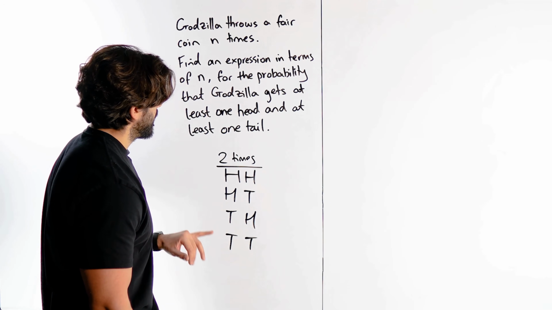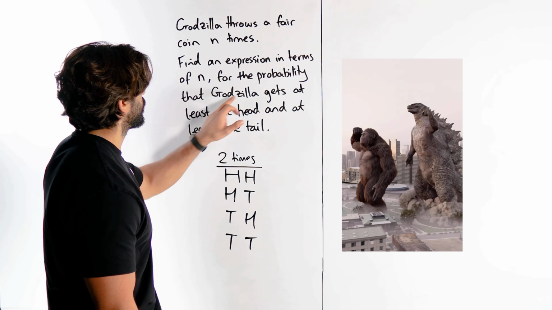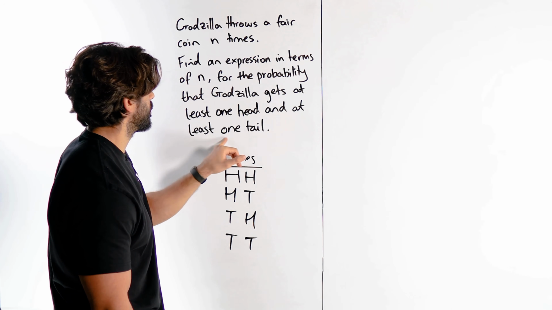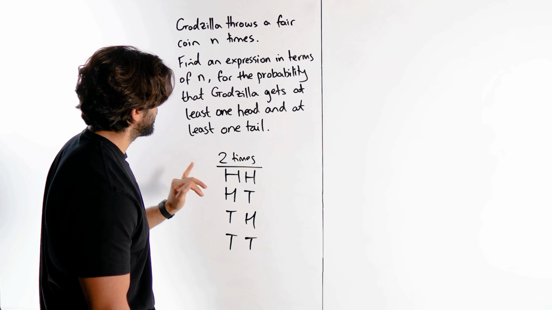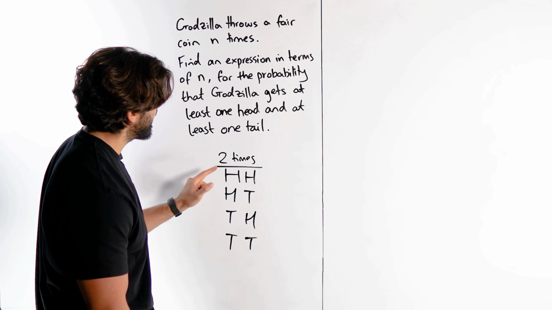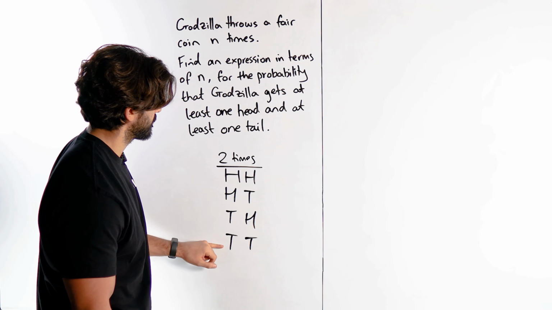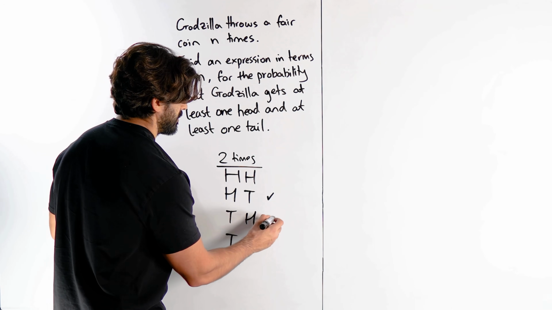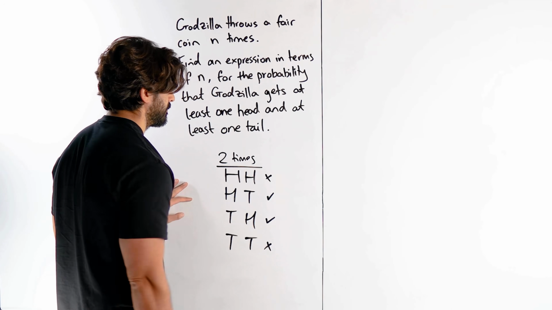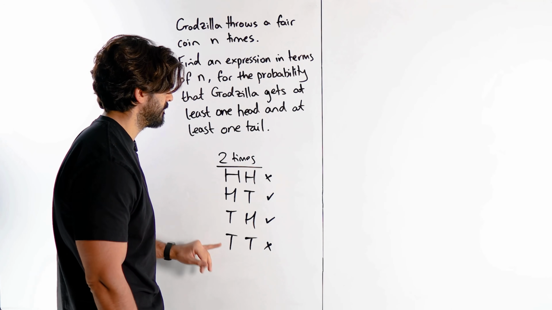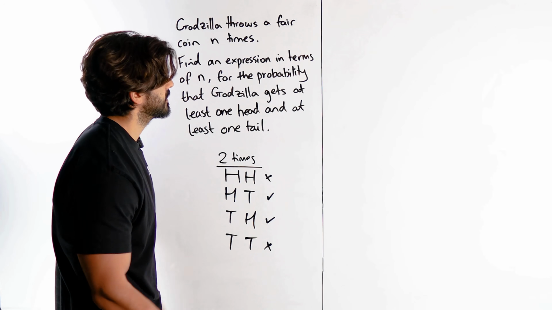Now, I want the probability for Godzilla to get at least one head and at least one tail. So at least one head and at least one tail means the only options we cannot have are these 2. So we can have these 2, but not these 2. Because this does not have at least one tail in it, and this one does not have at least one head in it.